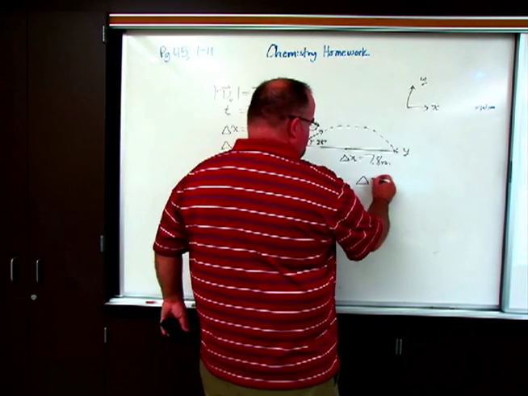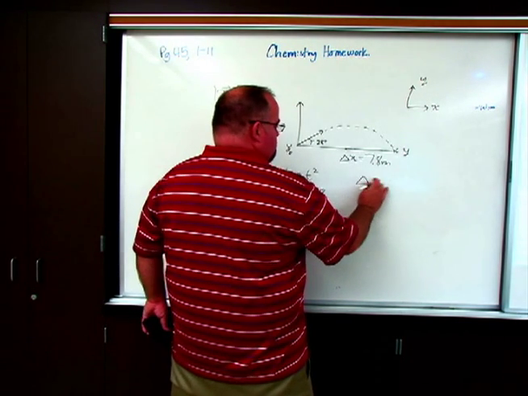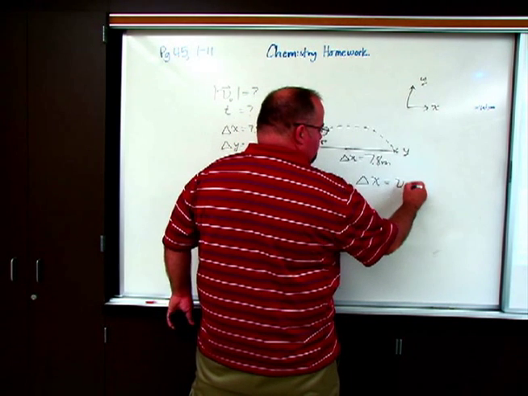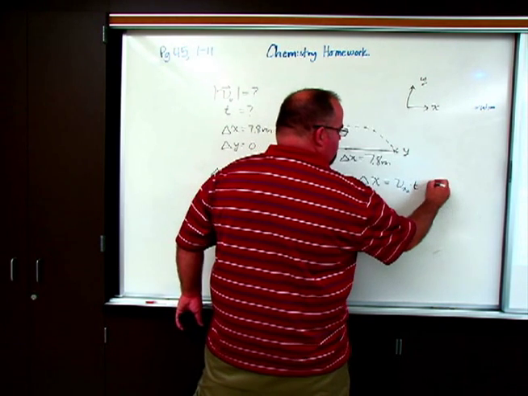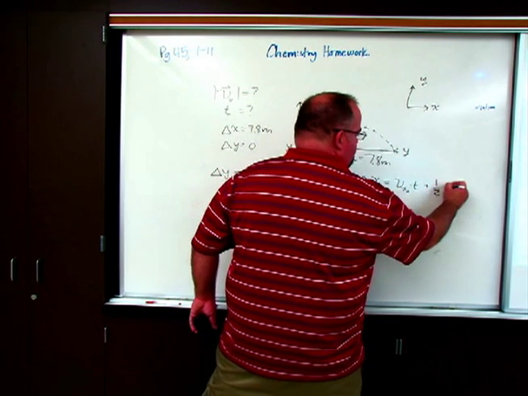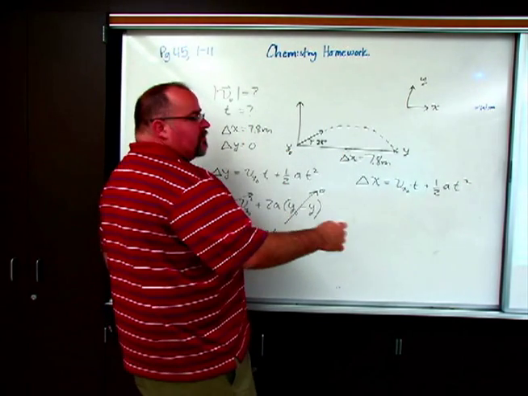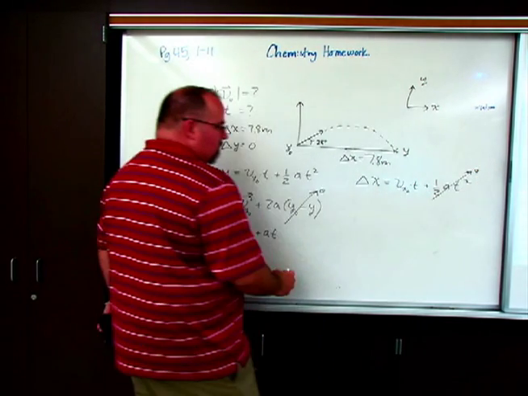Delta x equals the velocity in the x direction times time plus 1/2 times the acceleration times t squared. But the thing is, there's no acceleration due to gravity in the x-axis, so that goes to 0.